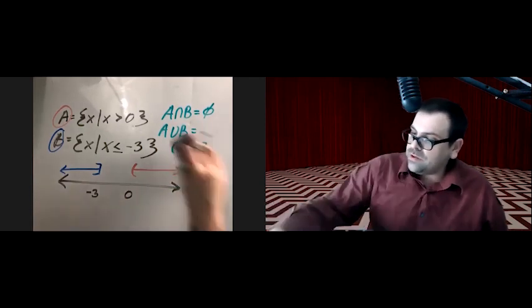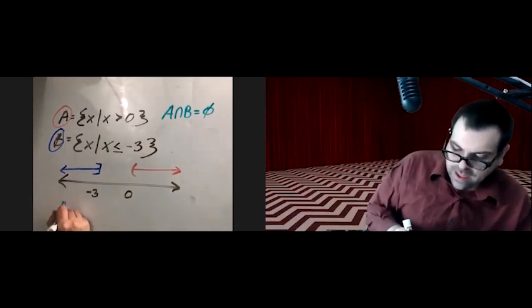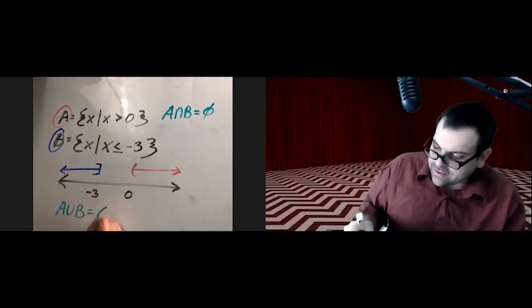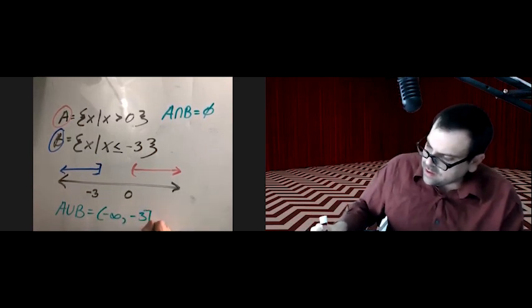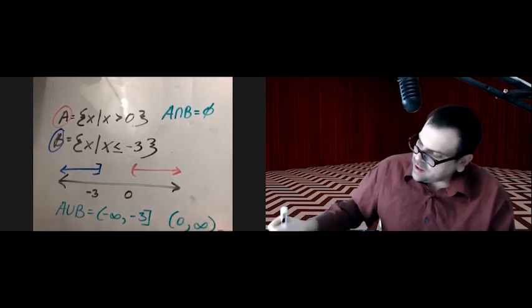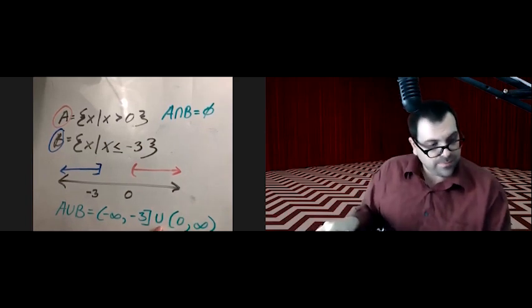I'm going to go ahead and write it down here so I have enough room. A union B is we're going to take the first piece and we're going to take the second piece and we're going to join them with the union sign.